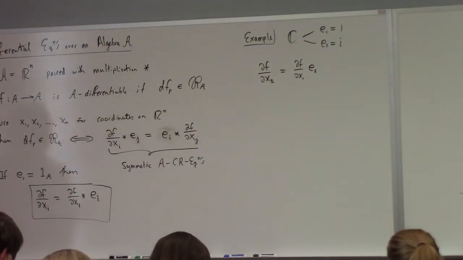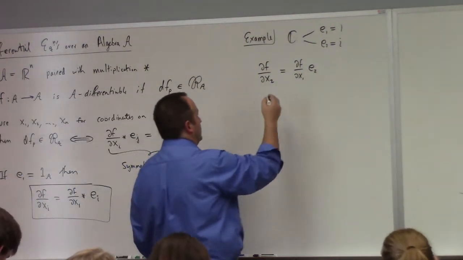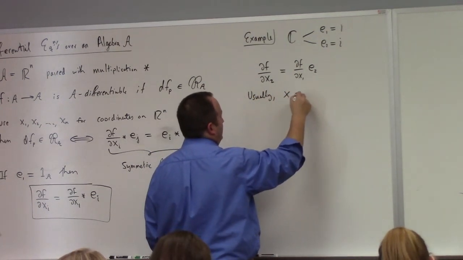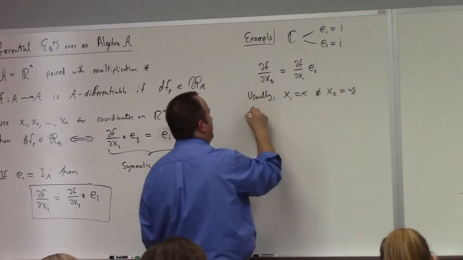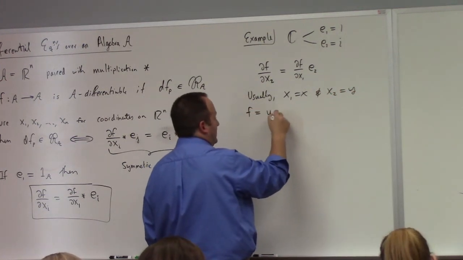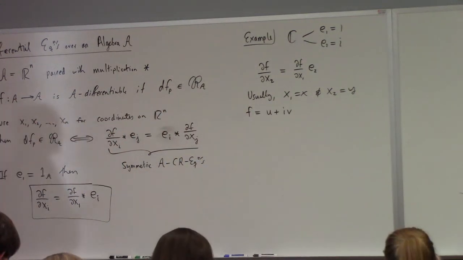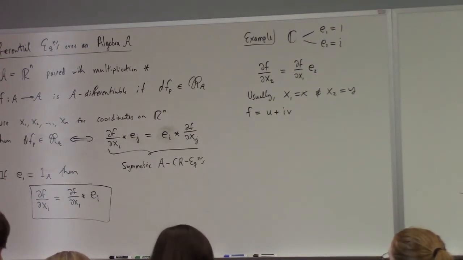That would be the Cauchy-Riemann equations for the complex numbers written in this notation. Now usually we put x1 equals x and x2 equals y, and we set f equals u plus iv, like in the complex analysis course. Some of you are taking it with me. Others of you have taken it with Dr. Sprano last year, right? So this should be familiar.